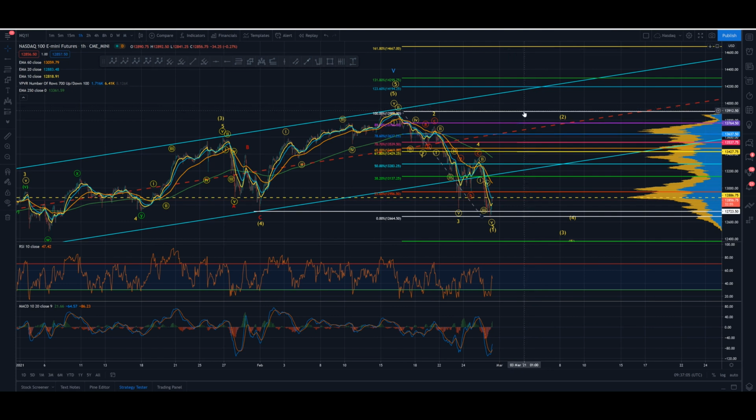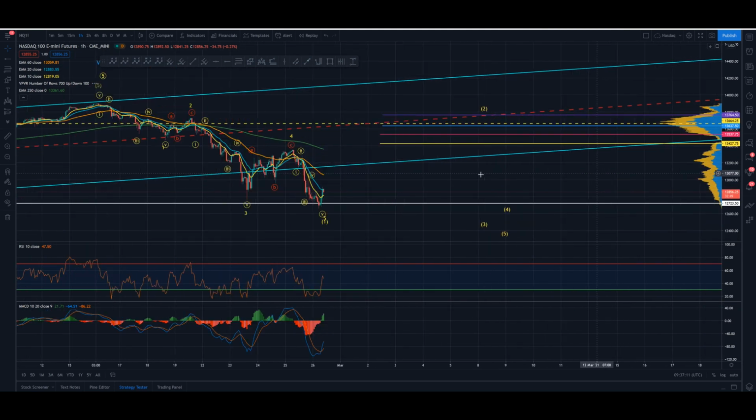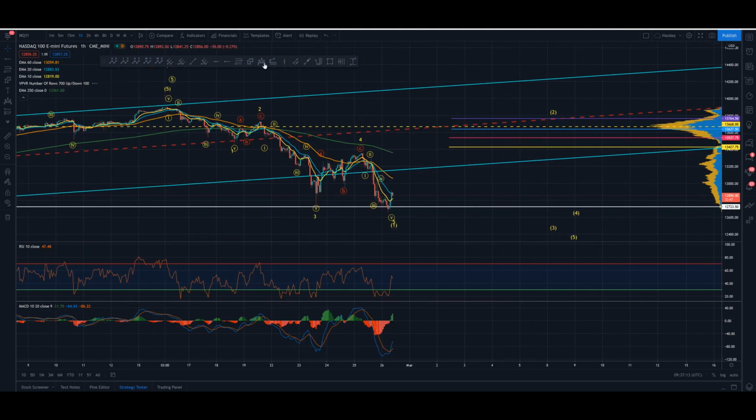All right, and so let's have a look at what we've been left with. So the 61.8% retracement. Let's just zoom in a little bit. If we were to work our way back up to the 61.8, some kind of move like this, or not like that. That would be ugly as hell, wouldn't it? Some kind of move like this. Then we'd be looking at 13,427.75.